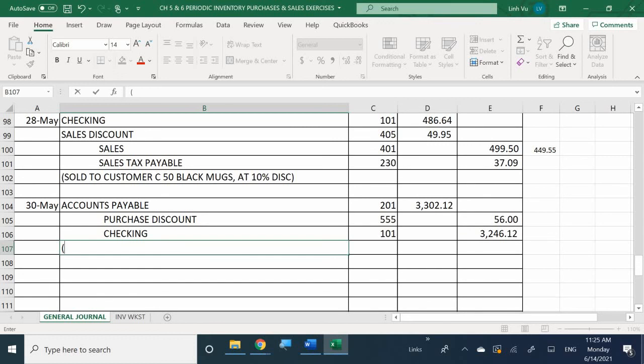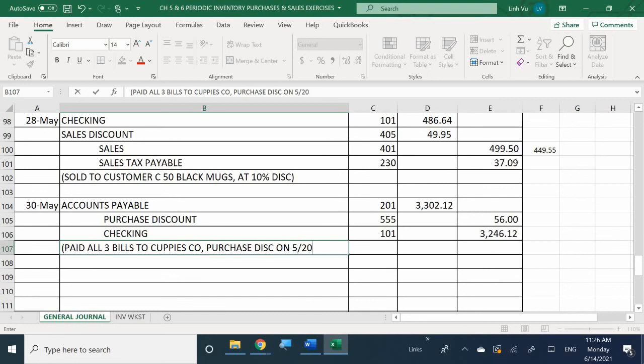So in this case, I'm going to go ahead and say I paid all 3 bills to Cuppy's Co. And of course, purchase discount on I think it was May 20th.